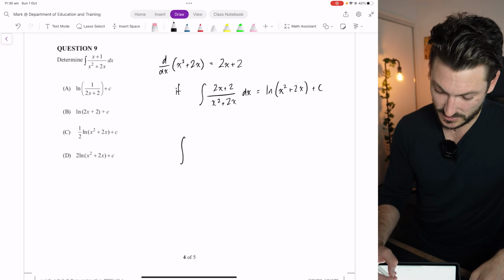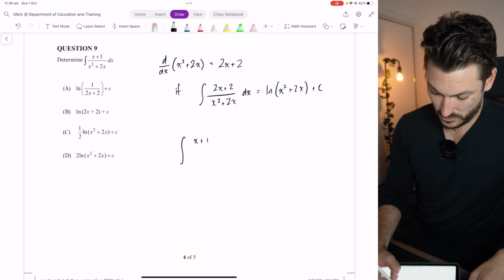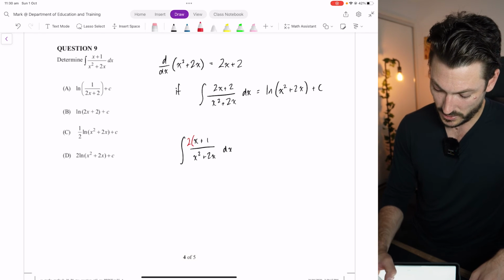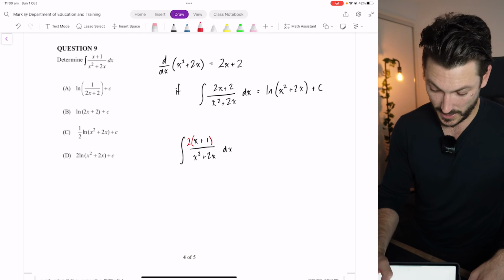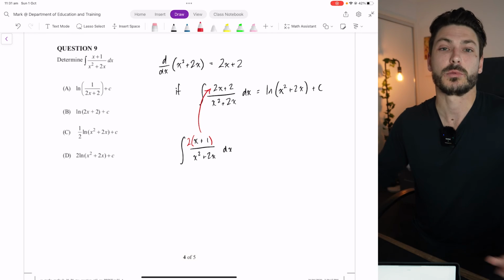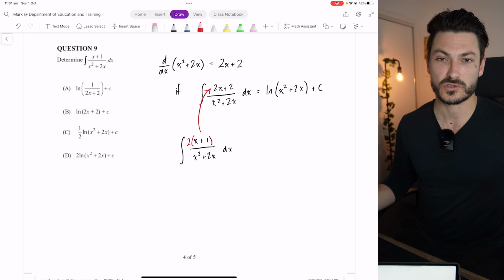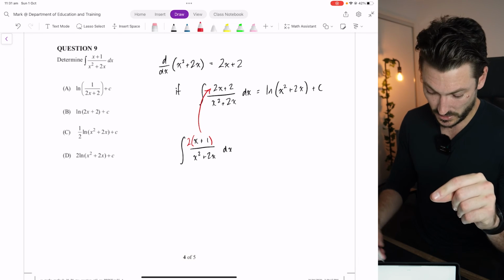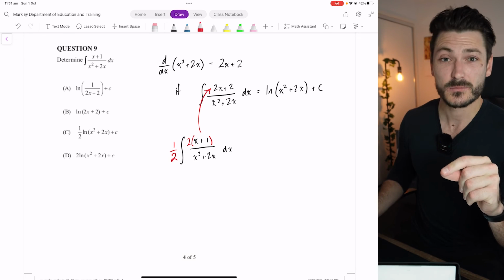So if I'm actually integrating x plus 1 over x squared plus 2x dx, I really want to be multiplying the numerator by 2. Because if I do that, it turns into this, which is super easy to integrate. But I can't just multiply something by 2, that's changing the question. But I can multiply by 1, so if I'm timesing by 2, I can also times by a half.